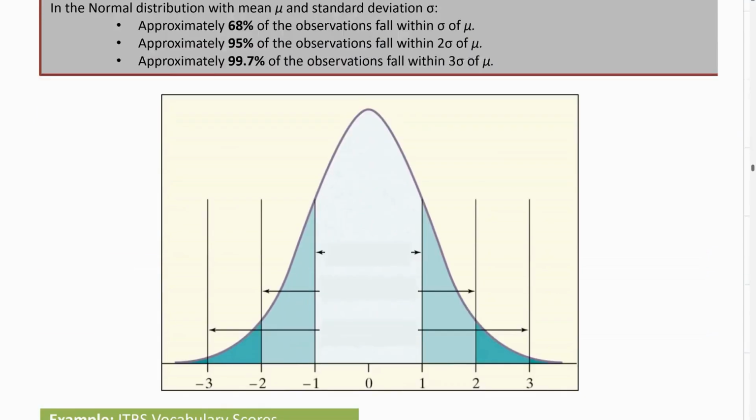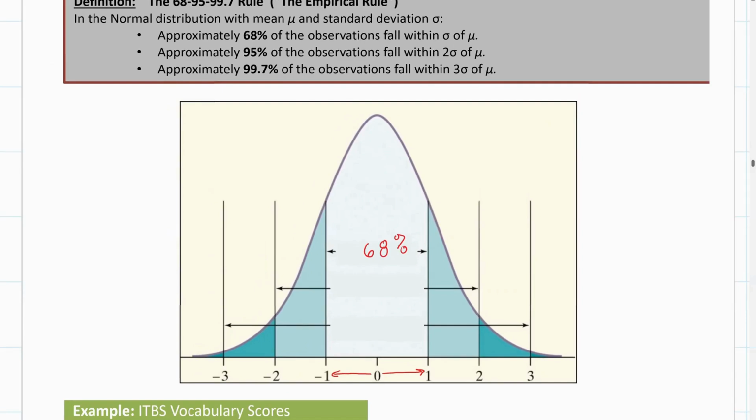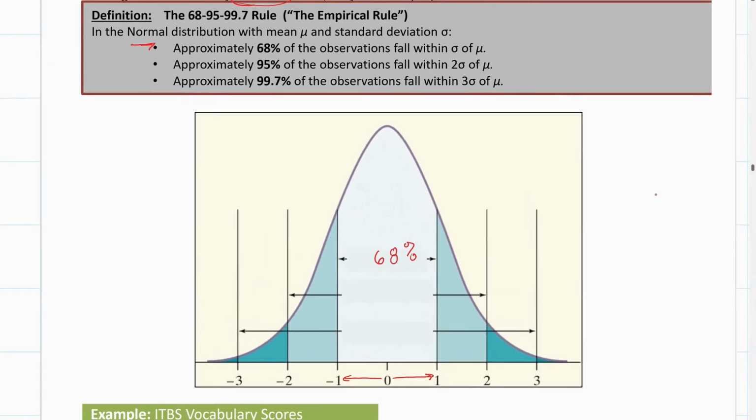Here's the idea. If you go one standard deviation above the mean and one standard deviation below the mean, you will always capture in a normal distribution 68% of the data. We say approximately 68% of the observations fall within one standard deviation of the mean.